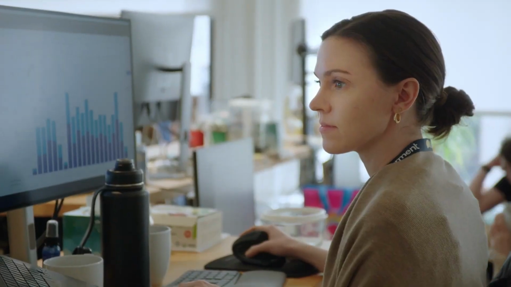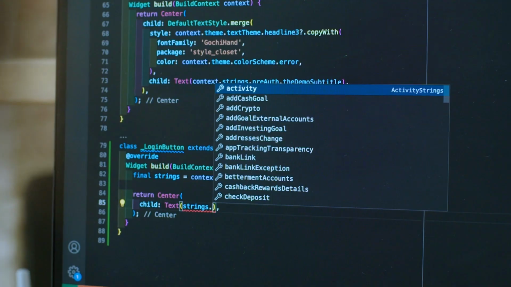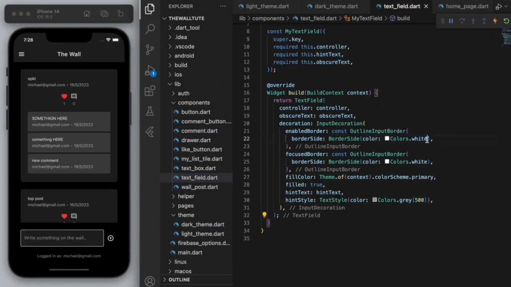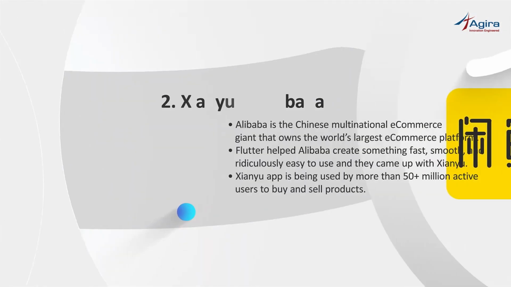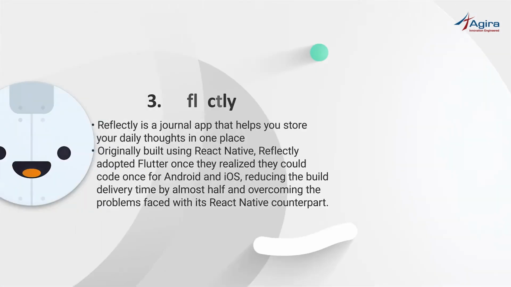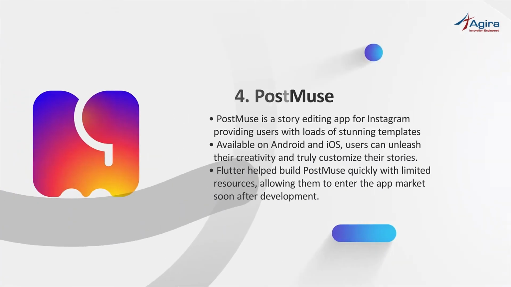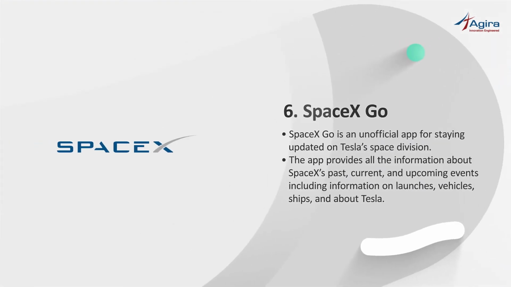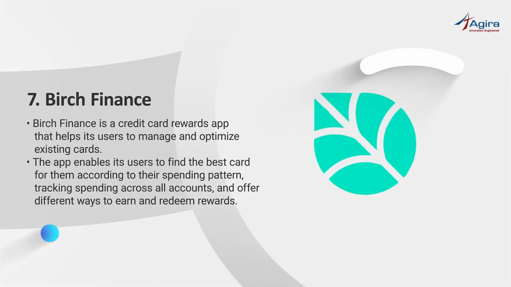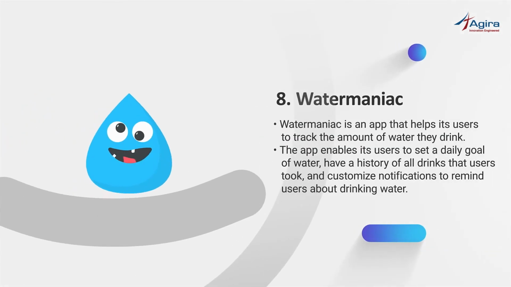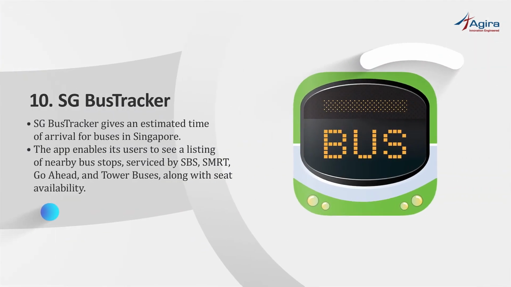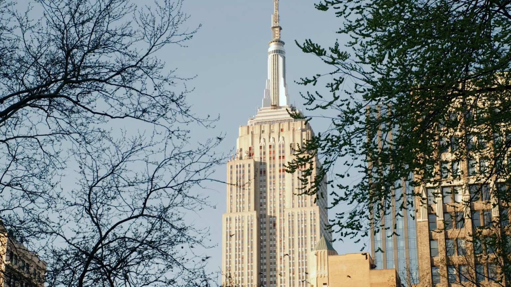To truly understand the power of Flutter, let's explore real-world examples of apps built with this framework, from social networking platforms to banking apps to e-commerce platforms and AI projects, and even data-intensive applications. Flutter has proven itself in diverse industries, unleashing the potential for innovation and creativity across the world.